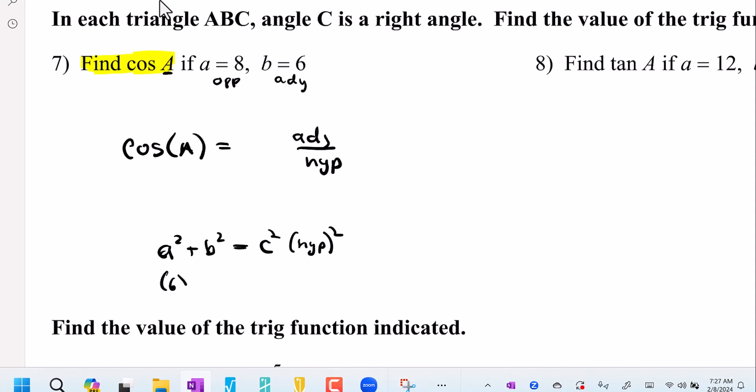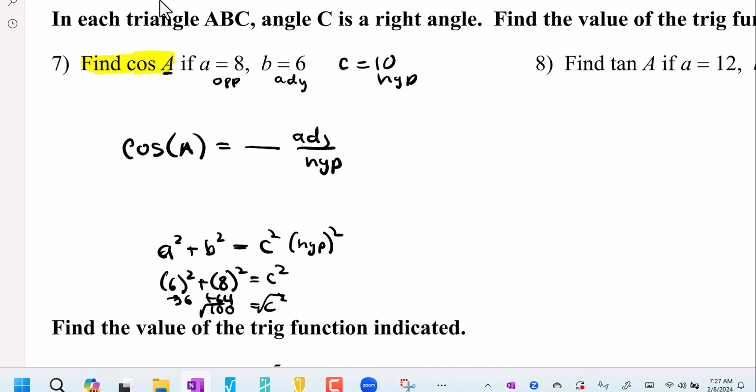So 6 squared plus 8 squared is equal to c squared. 36 plus 64, that's 100. And the square root of 100 is 10. So c is equal to 10, and that's the hypotenuse.